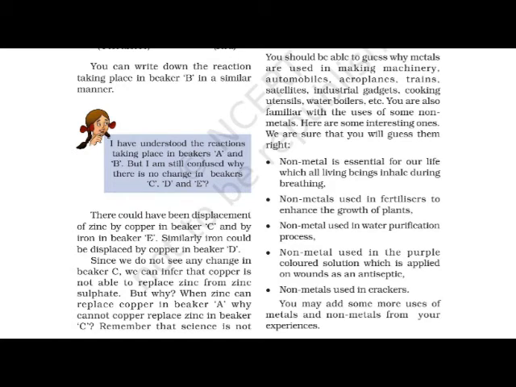Okay, you must know the basic things regarding this. Whenever any chemical reaction takes place, we must know the more reactive and less reactive metals.